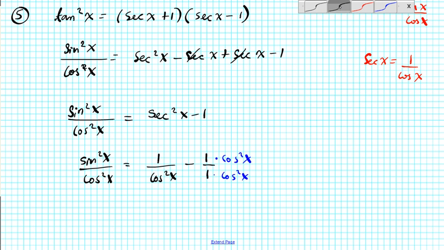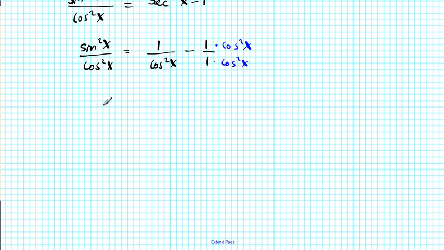Okay. So we're going to have on the left side sine square x over cosine square x equals 1 over cosine square x minus cosine square x over cosine square x. Voila! The denominators are the same.